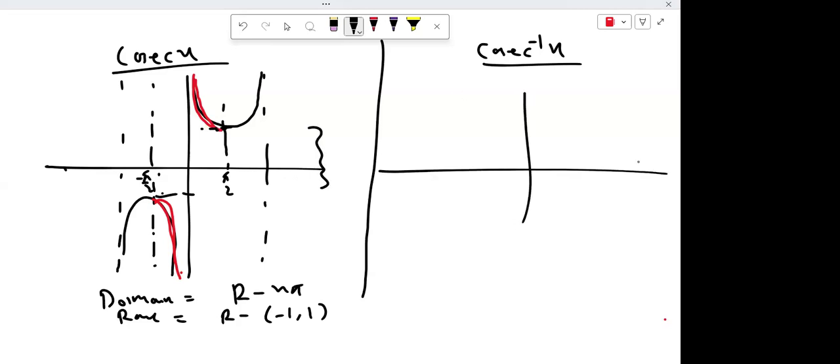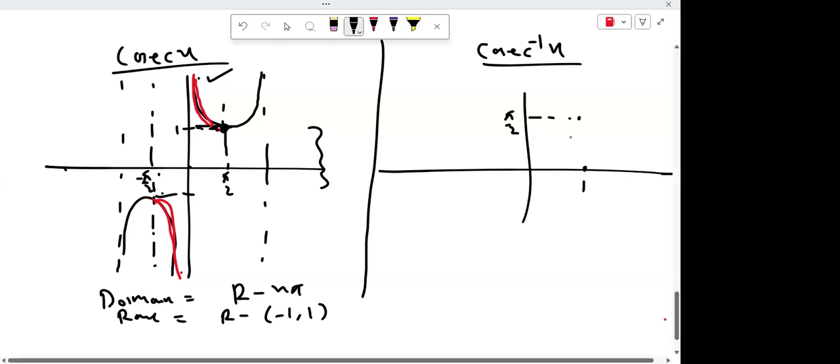For cosec inverse x, if you look at this red part, the first part, it is ending at pi by 2 and becomes 1. At pi by 2, it is 1, so at 1, it should be pi by 2. At 0, it becomes infinite, so at 0 it should become infinite. So the graph is something like this.